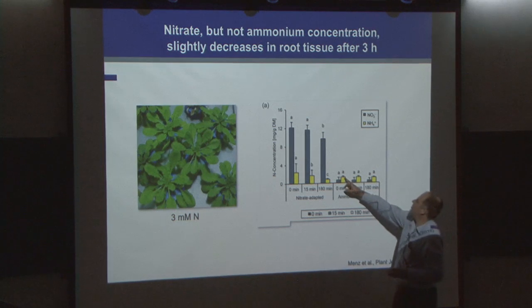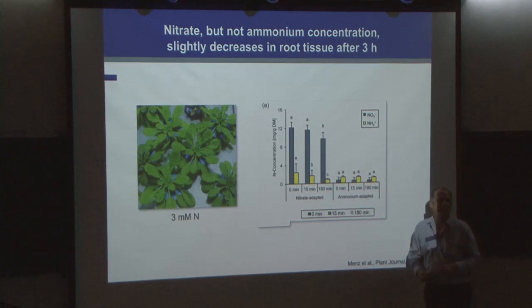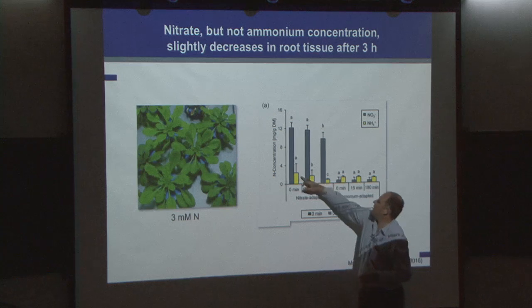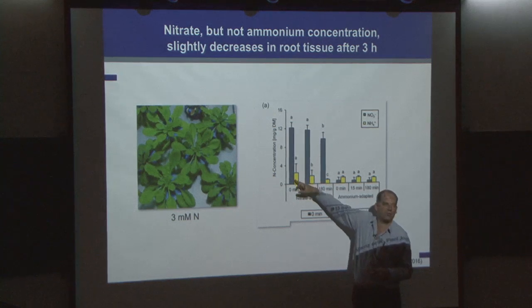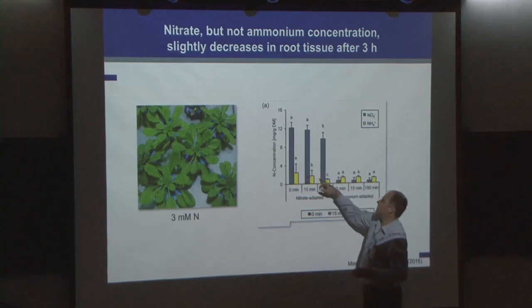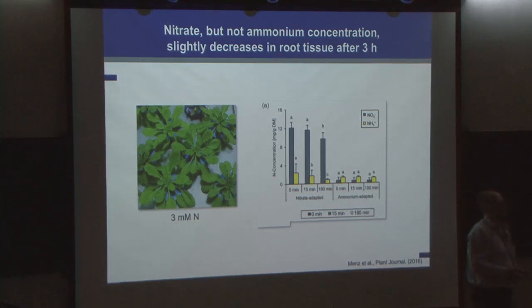When we look at the ammonium, the yellow bars here, we see no change. Ammonium does not go down. The ammonium was in a range where we also have it in the nitrate adapted plants. In the nitrate adapted plants, we even had more ammonium, and it also went a little bit down. That was interesting. Probably it's related to the metabolism, the reduction of nitrate to ammonium.